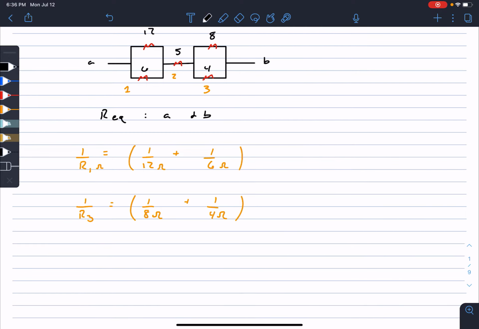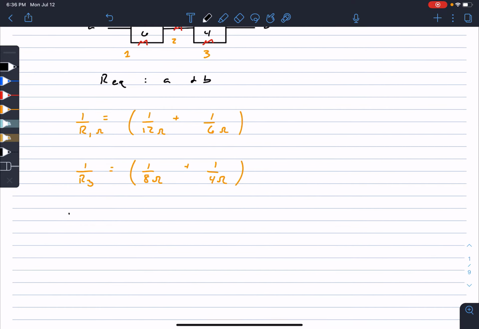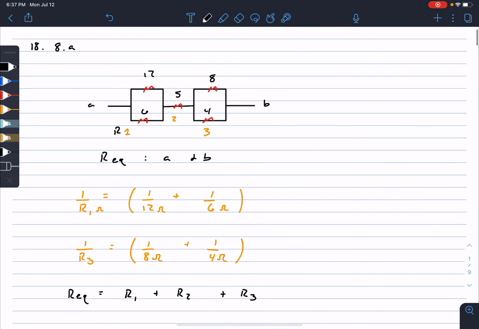Okay, and then we take all of these. R_eq is going to be equal to R1 plus R2 plus R3, where I've defined them as R1, R2, and R3. Right?